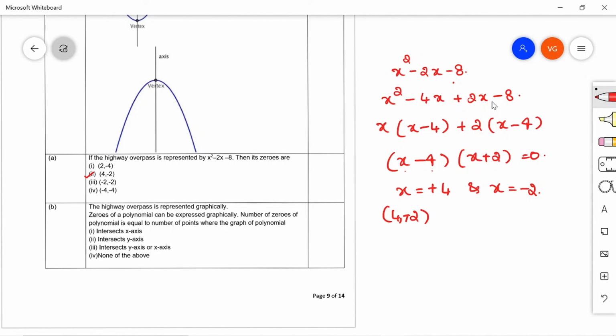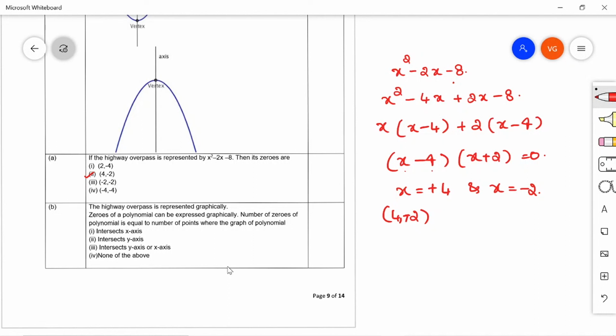Next is part B. The highway overpass is represented graphically. Zeros of the polynomial can be expressed graphically. The number of zeros of a polynomial is equal to the number of points where the graph of the polynomial intersects the x-axis, intersects the y-axis, intersects the x-axis or y-axis, or none of the above.